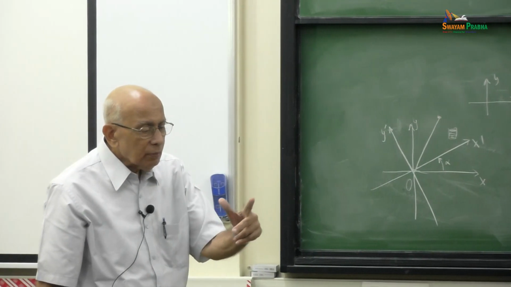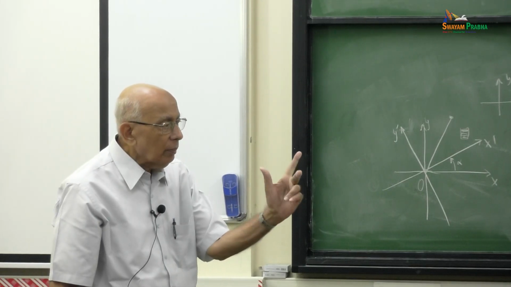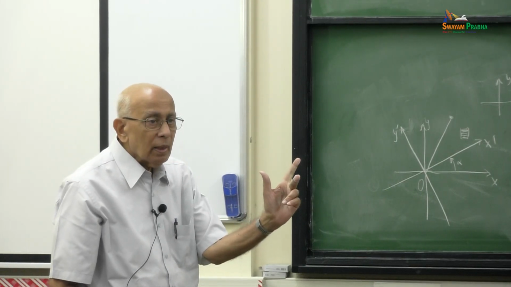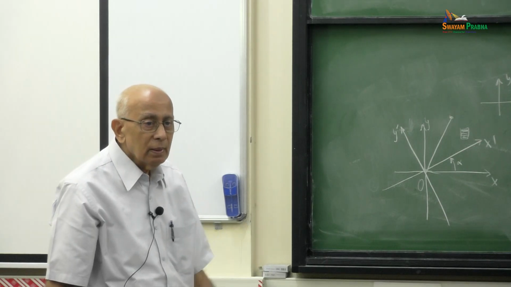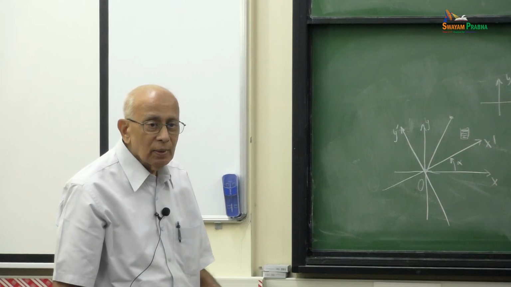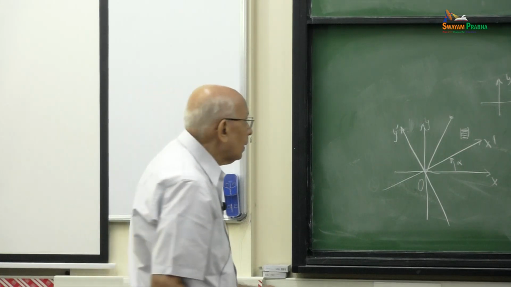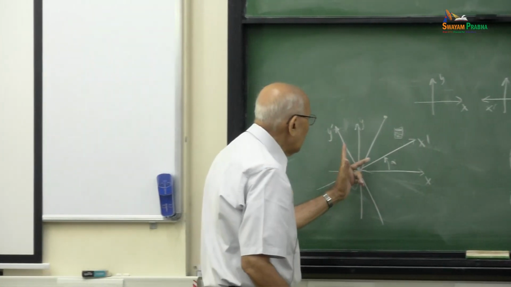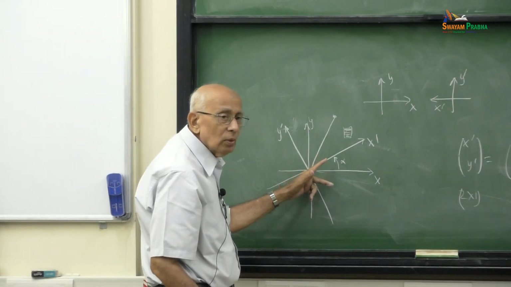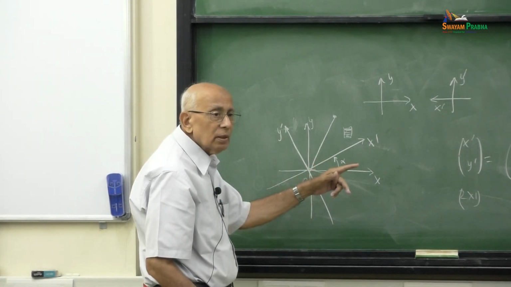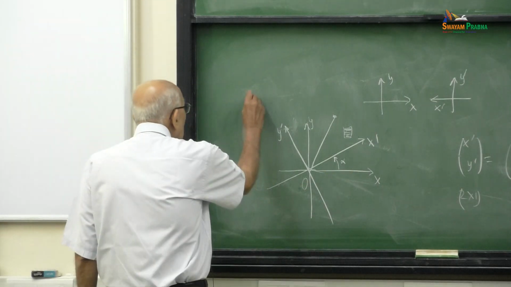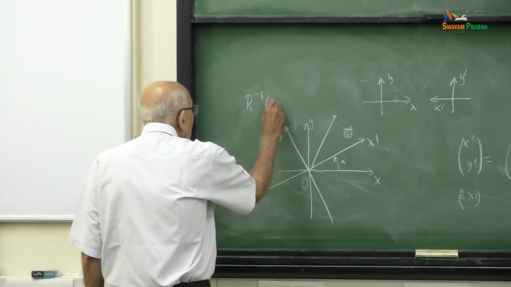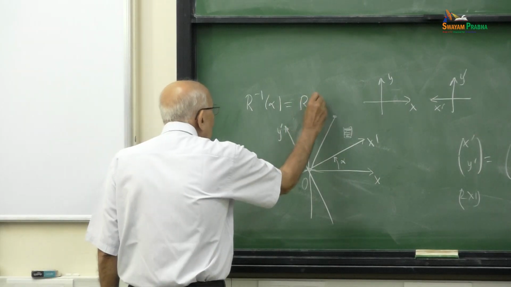If I go from x, y to x prime, y prime by rotating, I can undo the rotation by going in the opposite direction. Yes, so physically if I rotate by minus alpha, I go back to the original coordinate system. That's the inverse transformation, right? So it will turn out that R inverse of alpha must be equal to R of minus alpha.